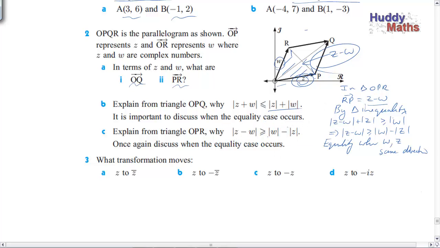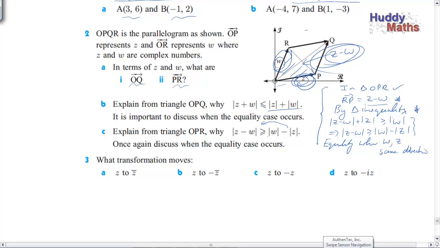I'm thinking of that as that, and therefore we can rearrange it at the end and have the length of W take the length of Z. But the idea here is very important, that you have to name the triangle, show what you're working with. The W and Z don't matter, they're already in there, but show that what you're working with would be the other side of the triangle, and then you can invoke the triangle inequality.